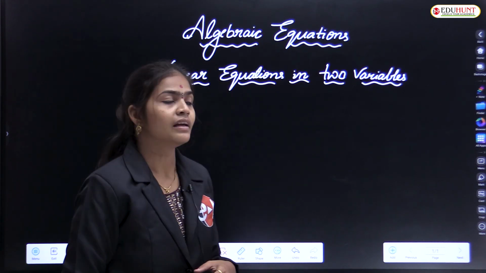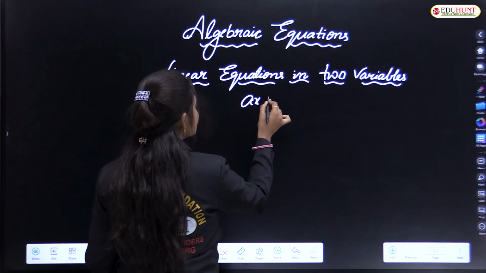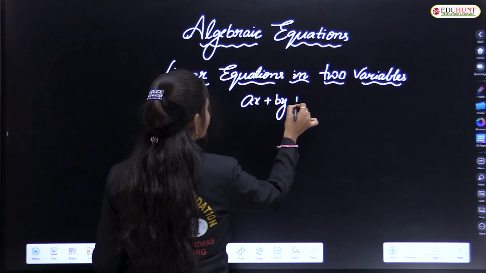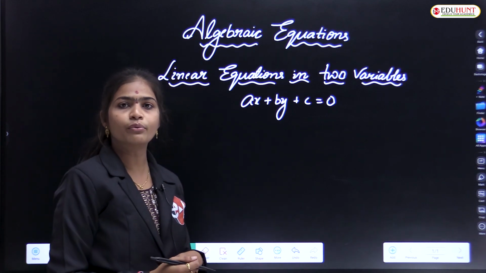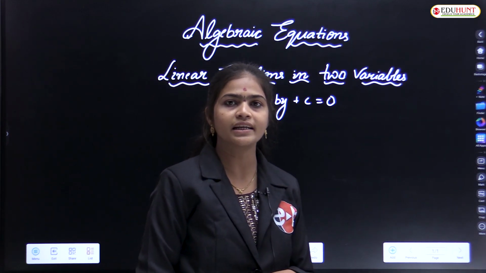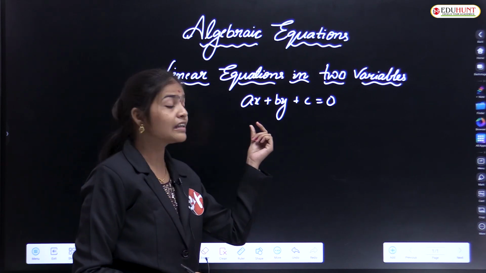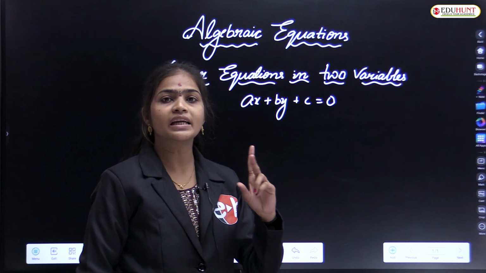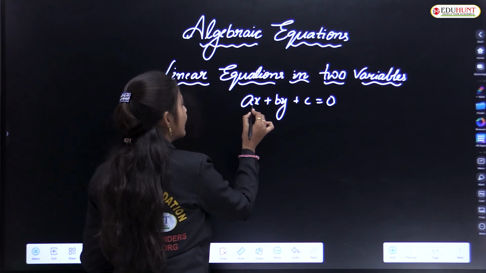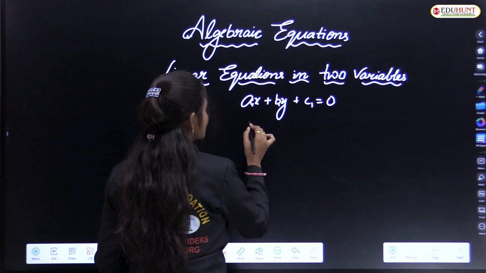But here there are two variables, no? That is in the form of ax plus by plus c equals 0. How can we simplify that equation and get the values of x and y? Yes, for two variables it requires two equations. So we can write this one as a1x plus b1y plus c1 equals 0.